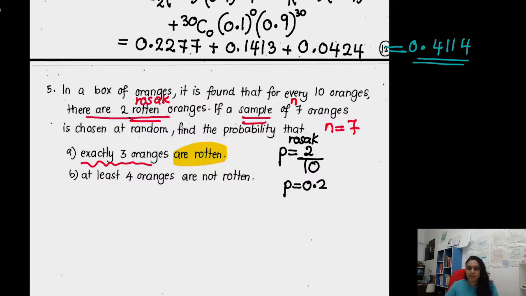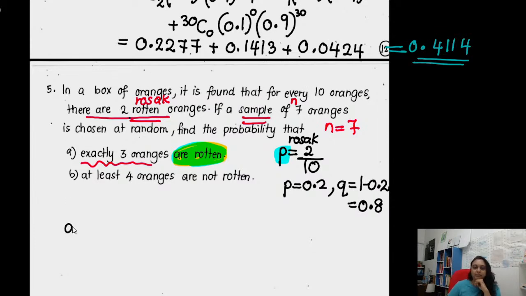Both ways boleh. Okay, P I know already. Can I find my Q or not? Can. Use the formula 1 minus 0.2, 1 tolak 0.2. You get 0.8. So remember, now you follow your question. Your question asking for rosak, rotten. So your P also, you write the rosak one, rotten one.